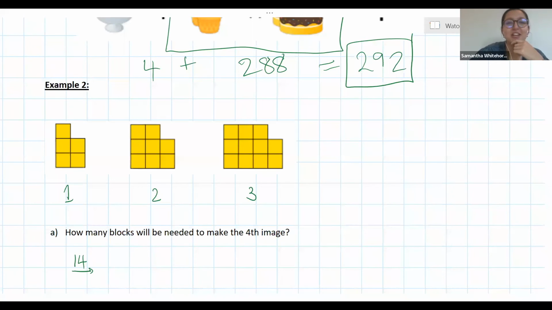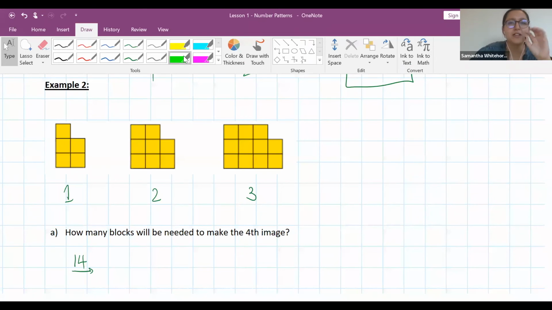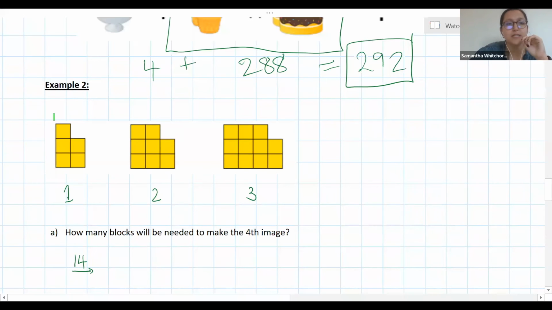Excellent. Well done. So guys, what we see, and this is why I put it out there, look at the picture. From one image to the next, I add an extra row of 3 blocks. In image 1, I've got 1 row of 3 blocks. In image 2, I've got 2 rows of 3 blocks. In image 3, I've got 3 rows of 3 blocks.